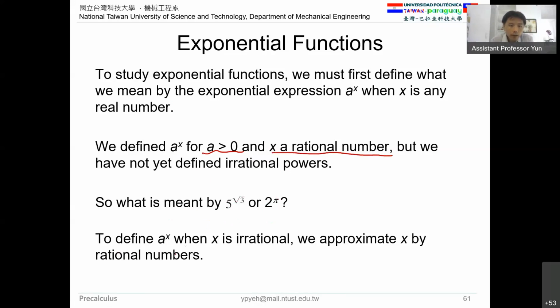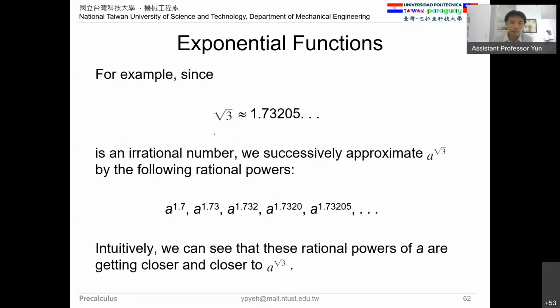To define a to the power of x when x is irrational, we approximate x by rational numbers. For example, the square root of 3 is approximately 1.73205, and it is an irrational number, which has an infinite number of decimal digits.